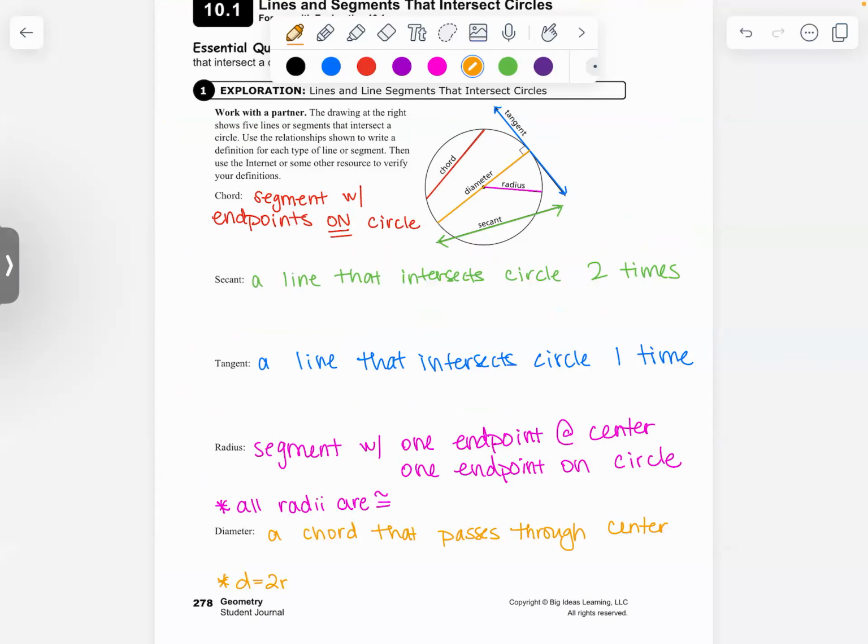Well, that's what a diameter is, except it goes through the center. It's a special chord, but it's still a segment and our endpoints are on the circle. Okay, 2 radii make 1 diameter. That's something you've known for a long time, right? I mean, that's like elementary school stuff, right? Maybe. Okay, so yeah, elementary.